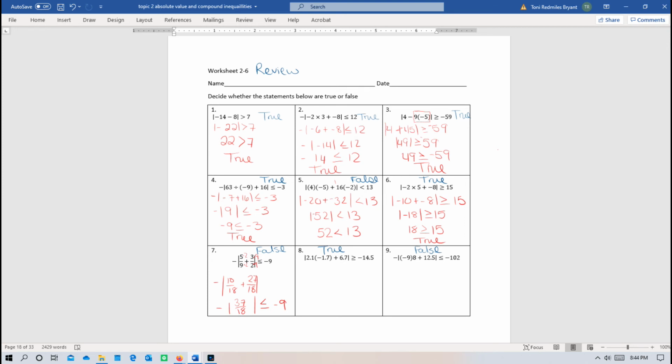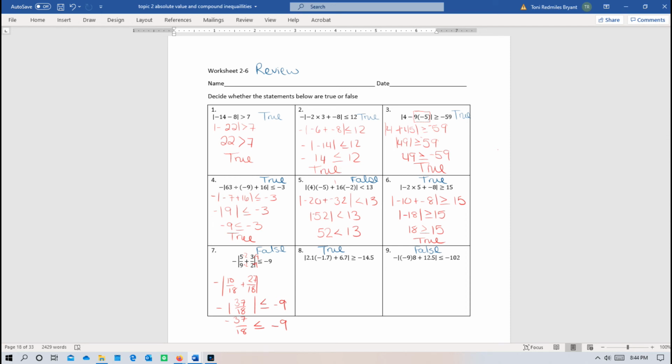All right, so I bring that out of the absolute value, and I get a negative 37 over 18 is less than or equal to a negative 9. Now I have to find out what this is. I'm just going to estimate, because really I just need to know if it's true or false, right?